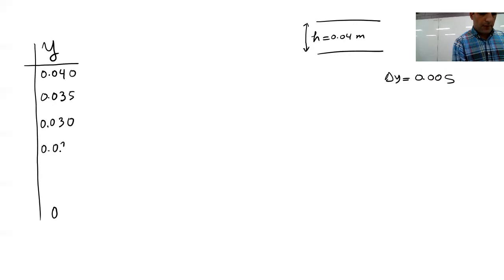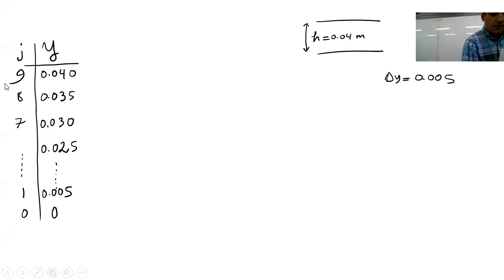I will have this all the way to 0, which you can call with a J as well. J at the bottom is 0, then I have 1, and keep going up, I have a maximum of 8 or 9.